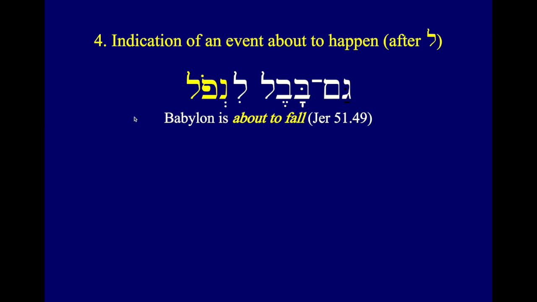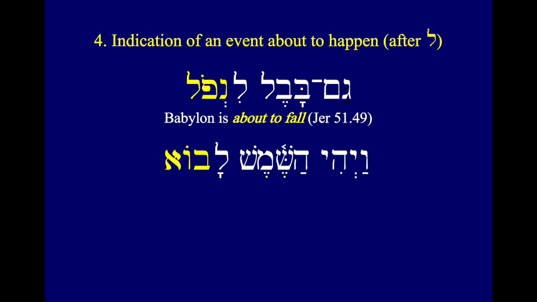Jeremiah is saying this at the end of his book as Babylon is falling. So, Vayahi Hashemesh lavo. Vayahi, and it happened, Hashemesh, the sun, lavo, to go. And as the sun was setting. So notice it's something that's about to happen, right?